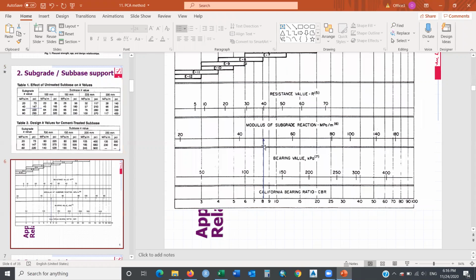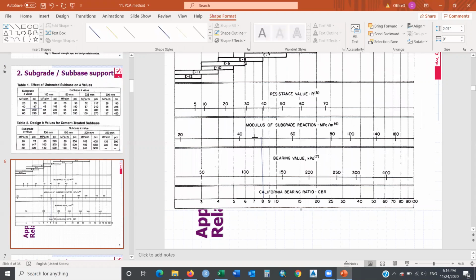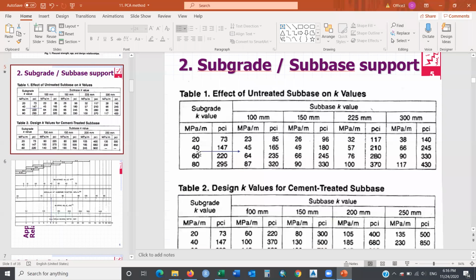We said this is close to 50. In that case, it's halfway here. So this is 45 to 64 halfway. So we have almost 20, 19 to be exact. So that means we have 55, 54, 55 approximately, the k value.